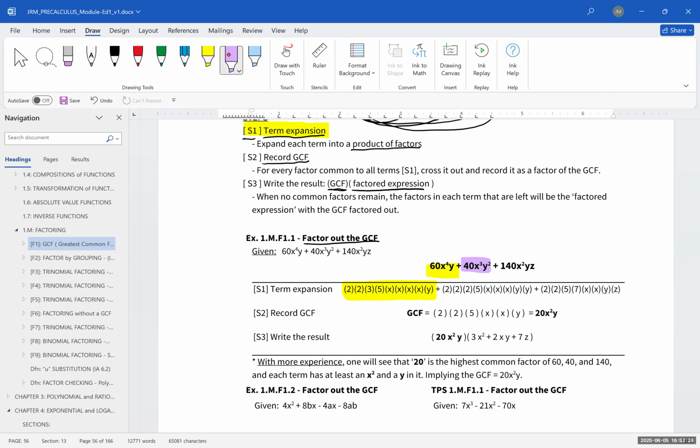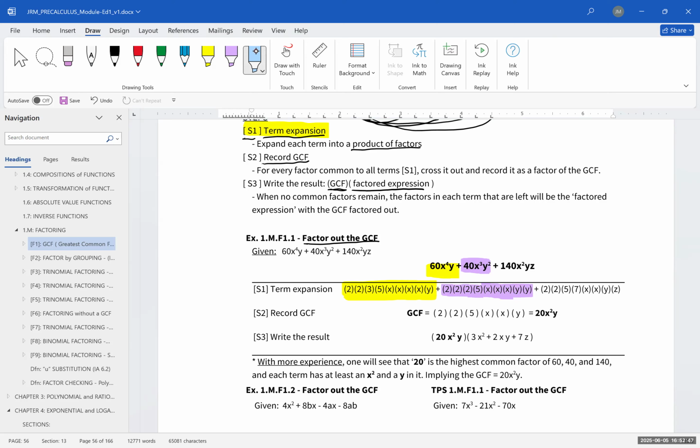Okay, then we've got our second term here, and we can expand that into a product of factors. So 40 is going to be 2 times 2 times 2 times 5. X cubed is just x times itself 3 times. Y squared is y times itself twice.